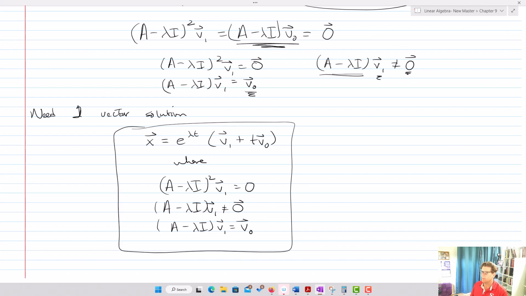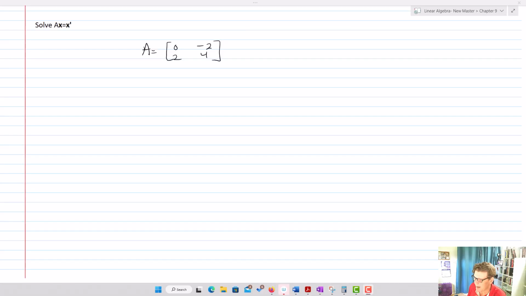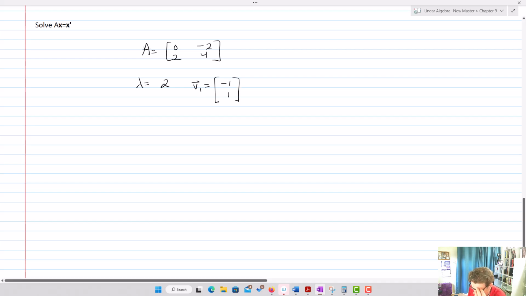Let's take a look at an example. All right, let's suppose that we have A = [[0, -2], [2, 4]]. We go in and find that λ is 2, with an associated eigenvector of (-1, 1). So in this case, we're actually going to need to find another vector.